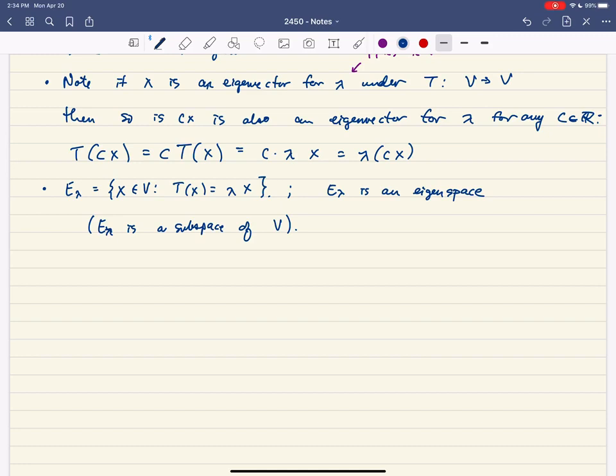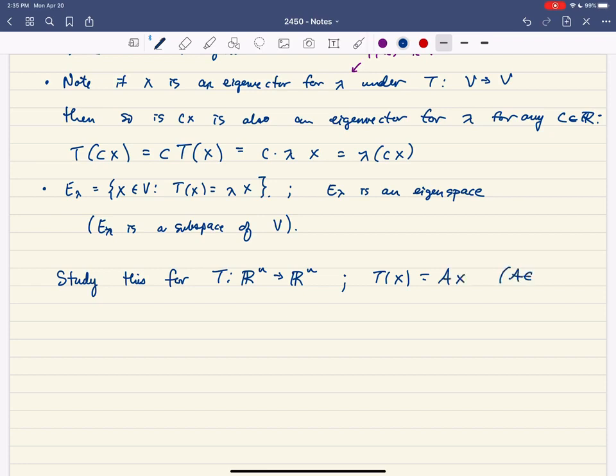So what we're going to do next is focus on a specific linear transformation, the transformation from Rn to Rn given by T of x equals Ax.